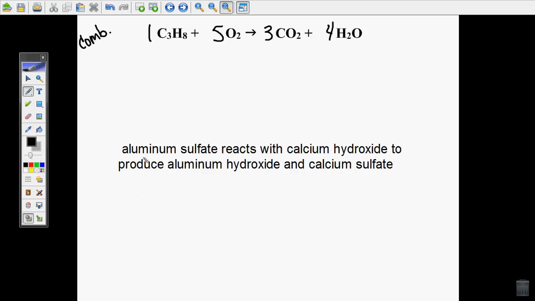Alright. Aluminum sulfate reacts with calcium hydroxide to produce aluminum hydroxide and calcium sulfate. So I'm going to have to write these now. Aluminum sulfate. Oh, I didn't really leave myself enough space to write my coefficients if I need to.